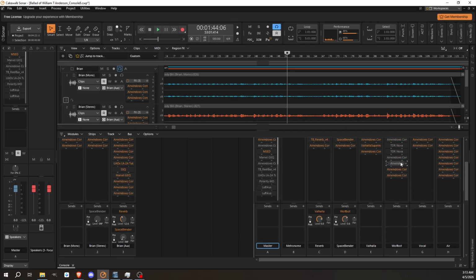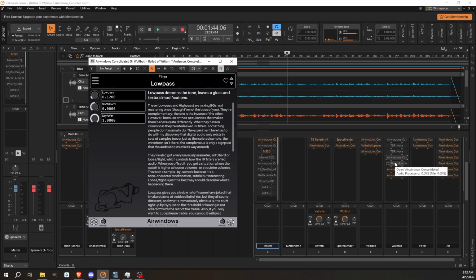Okay. So the Nova bandpass is a bit louder than the Airwindows bandpass. By the way, that consists of Airwindows Lowpass at 0.12 and Airwindows Highpass at 0.09.